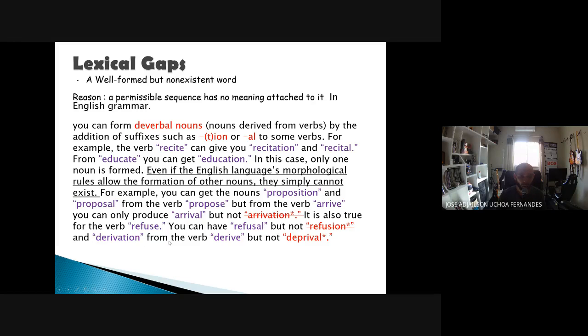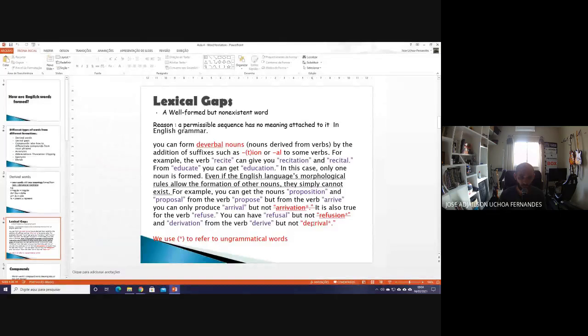And derivation, we can produce derivation out of the verb to derive. Okay, sorry about that. But there is no derival.